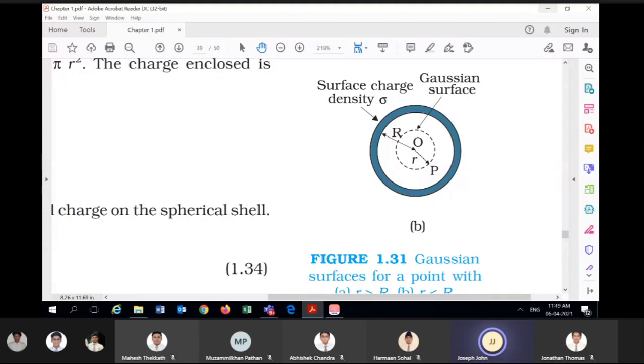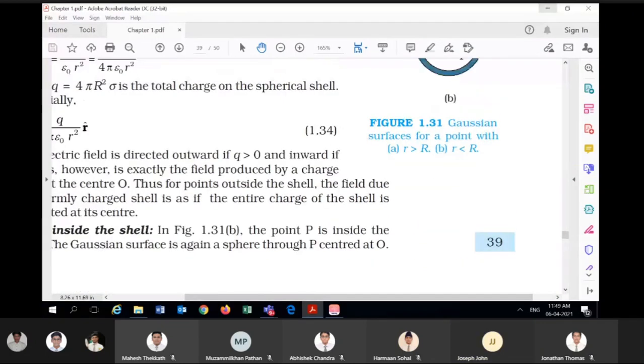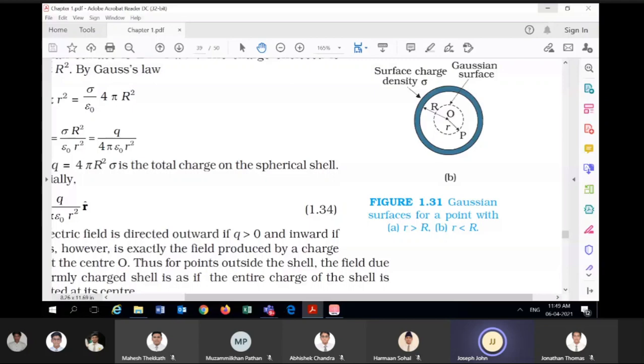Okay. Heading: choose a Gaussian surface of radius small r, small letter r, okay? So that the point P lies on it.